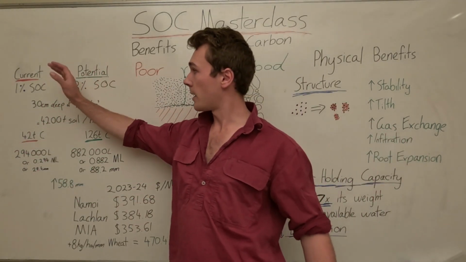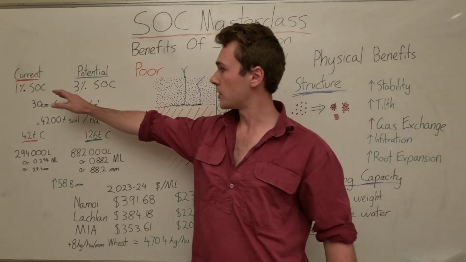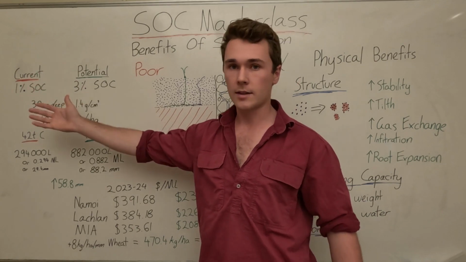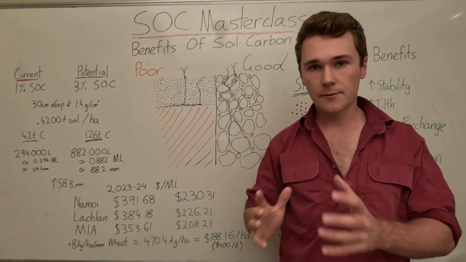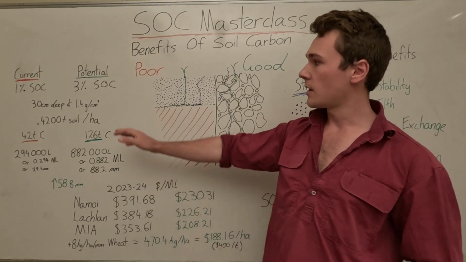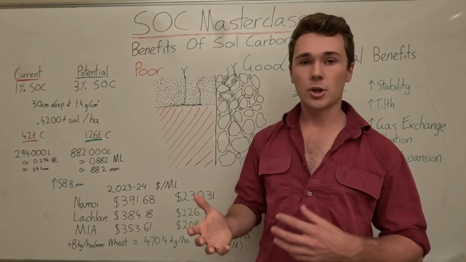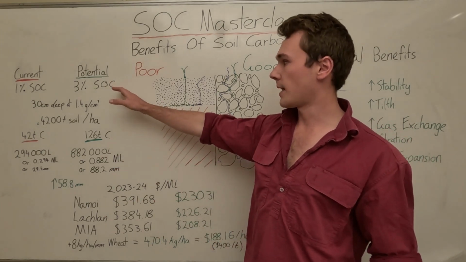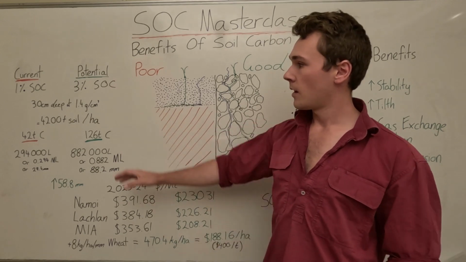Effectively, if we go from the current around 1% soil organic carbon, typical of Australian soils, might be lower, higher depending on your area, to 3%, which is roughly the potential. So this 3% soil organic carbon is the estimated soil organic carbon prior to settlement. That's a typical goal we could try and aim for.